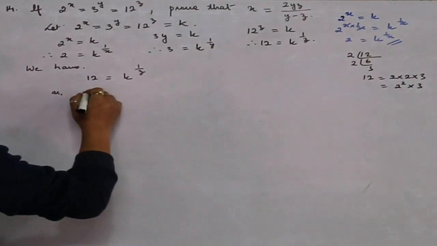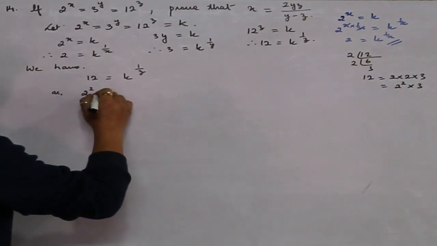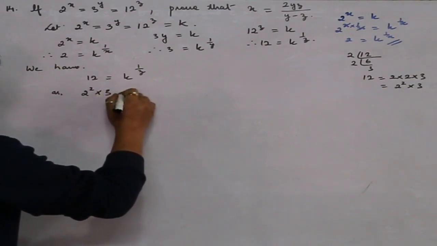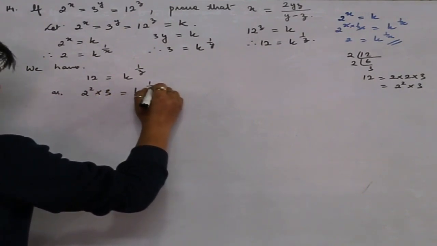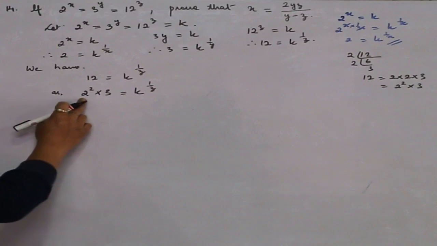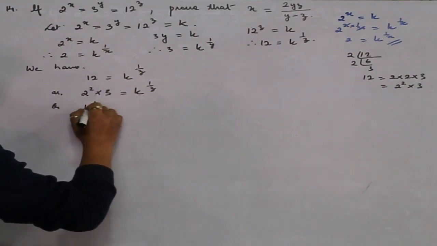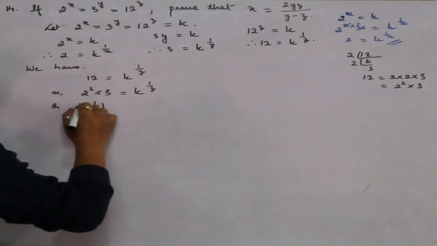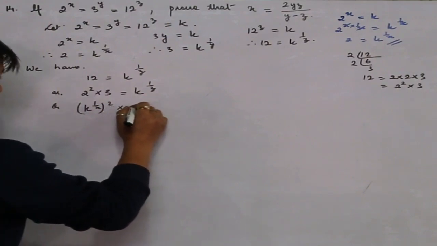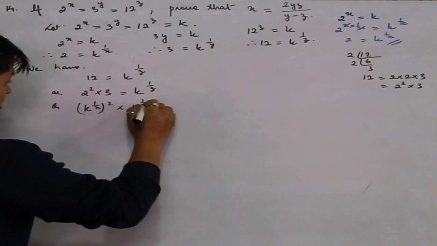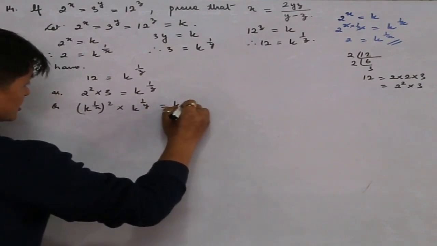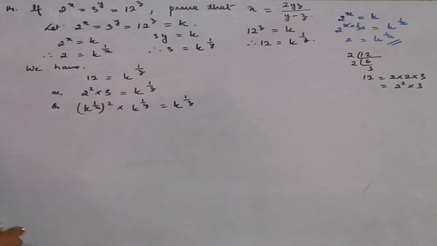For 12 we can write 2 to the power 2 into 3 is equal to k to the power 1 by z. We have already got the values of 2 and 3: 2 is k to the power 1 by x, whole to the power 2, into 3 is k to the power 1 by y, is equal to k to the power 1 by z.